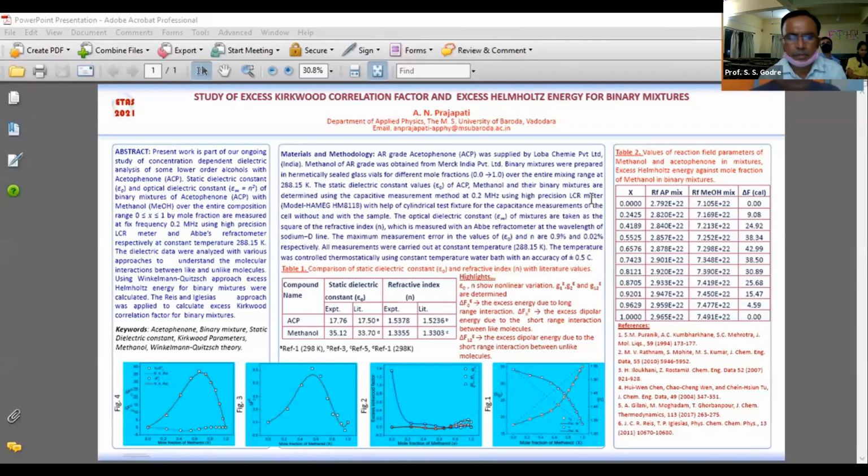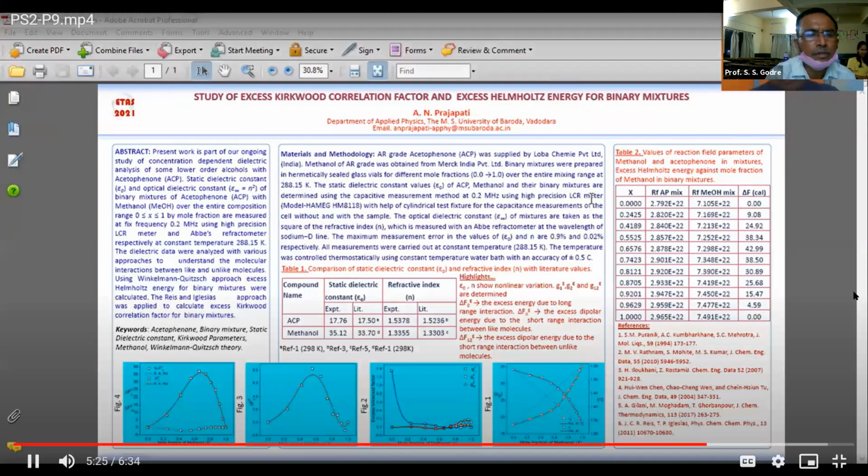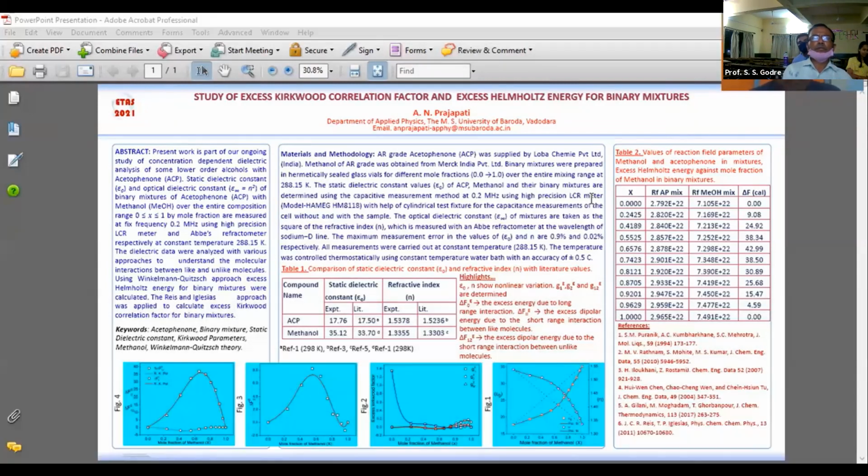If you see in figure 4, the magnitude of the short range interaction between the like molecules is very high, and it shows the positive deviation. It also follows the trend of the long range interaction. As you can see in figure 3, both follow the same trend. This shows the formation of the beta type of molecules in the binary mixtures.